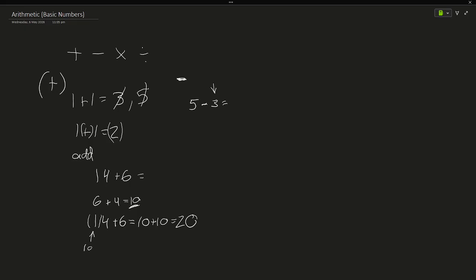I have 5 to start with, but then I get rid of 3. So that means if I have 5 bouncy balls and I get rid of 3, I have 2 bouncy balls left. So this is subtraction.